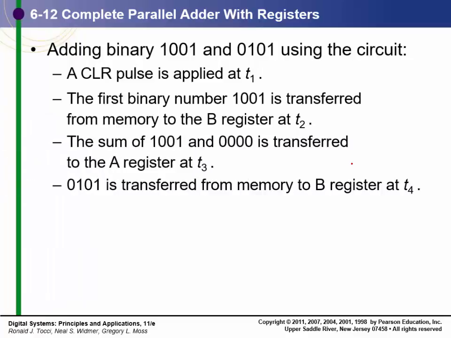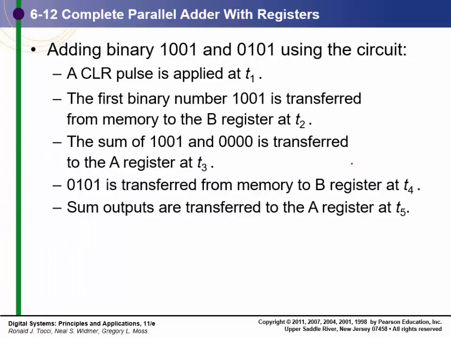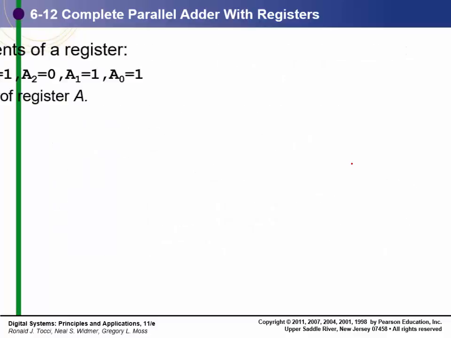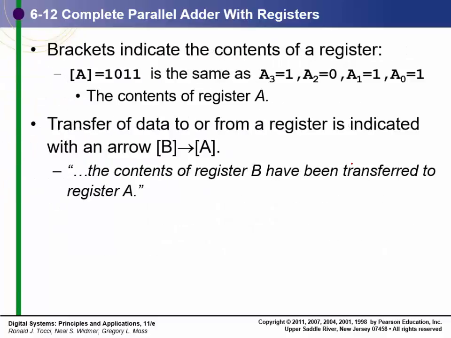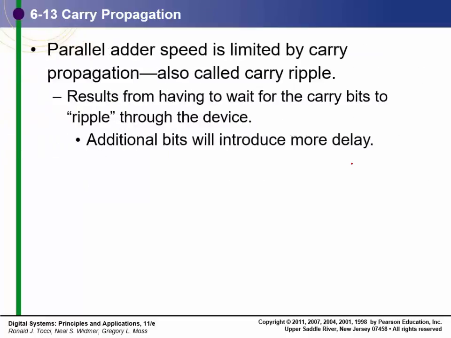There's nothing else I want to talk about in this. Parallel adders with registers, we're not going to get into that. That's more getting into microprocessors, because when you do a microprocessor, you're going to see something that says add 35, and this 35 happens to be a memory location.